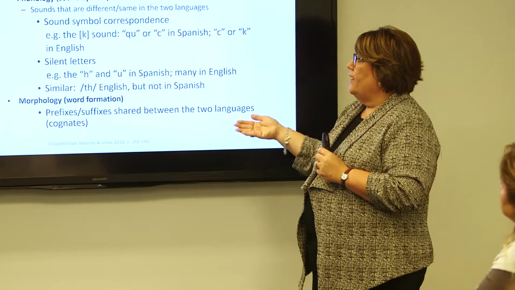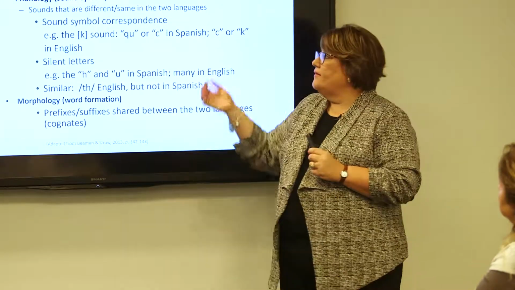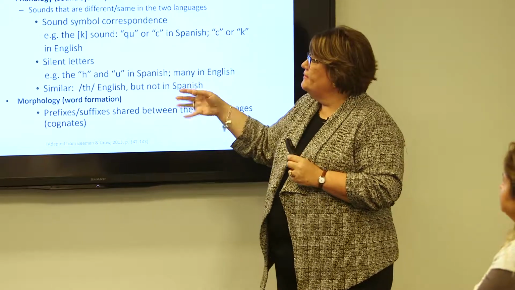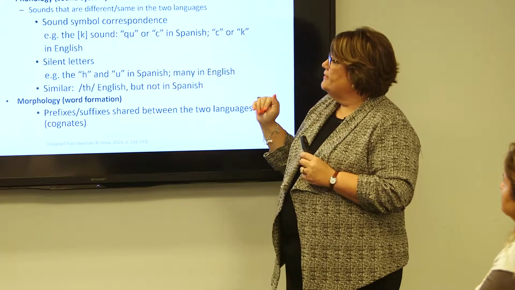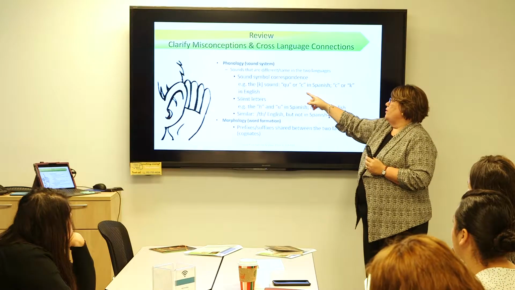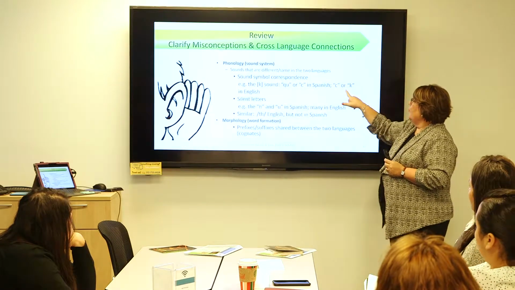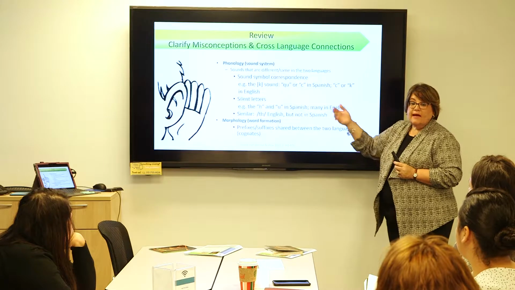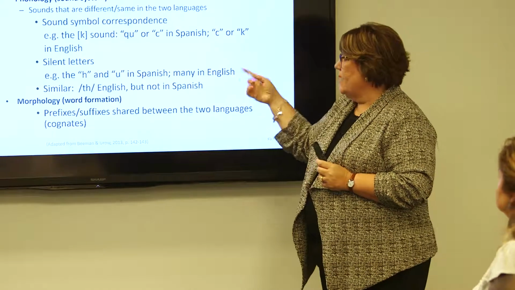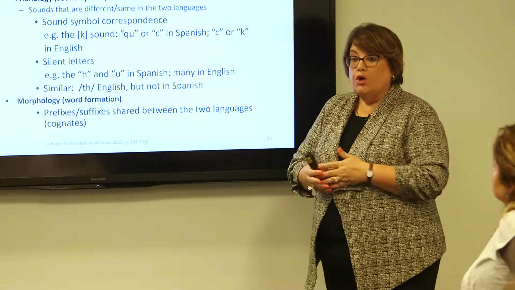But we cannot forget that there are other connections that we can make with students at the phonology level, right? The sound systems. Like in this case, the sound symbol correspondence, the k sound, como en que, queso, or casa in Spanish, and the k or k in English. Silent letters, the H and the U in Spanish, many in English, and there's so many silent letters in English as well, like in ghost.